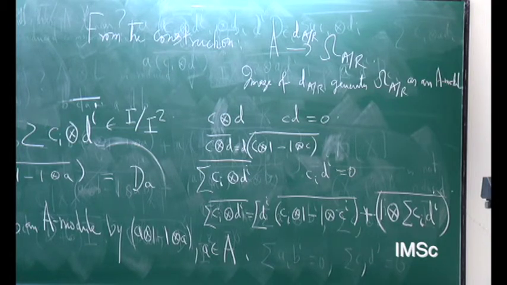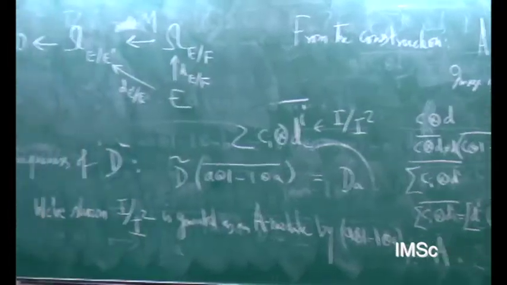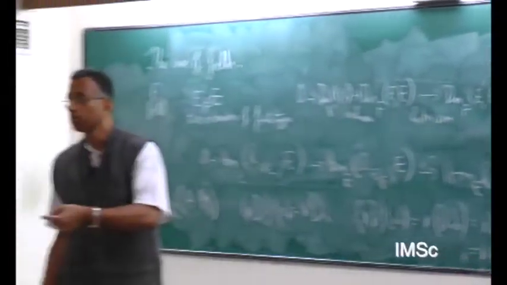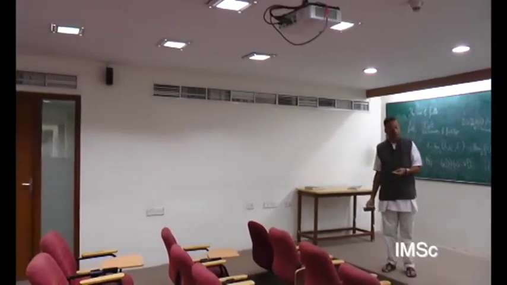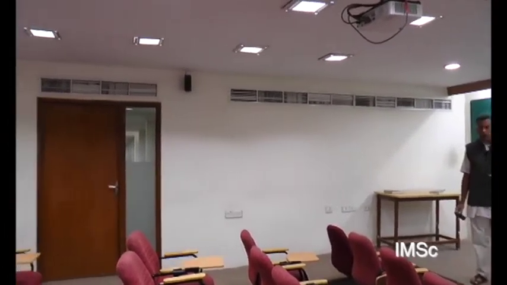Because it was I mod I square, and that was generated by A tensor 1 minus 1 tensor A. And we saw that, in fact, I mod I square is generated by elements of the form A tensor A minus 1 tensor A as an A module, right? So that justifies that. So this map therefore is onto.